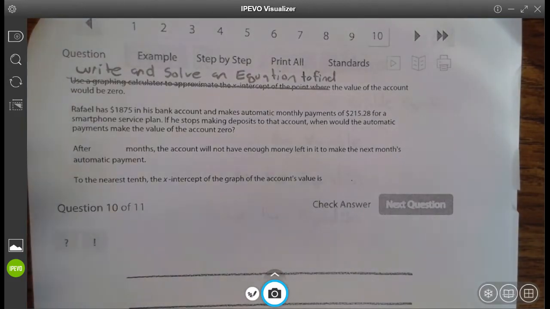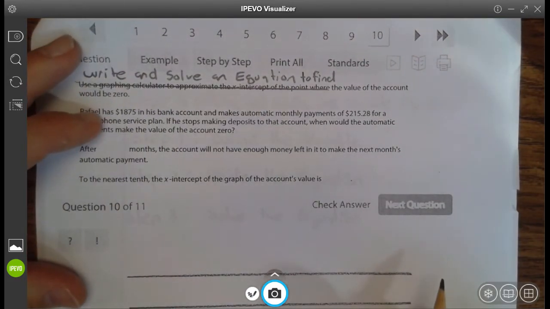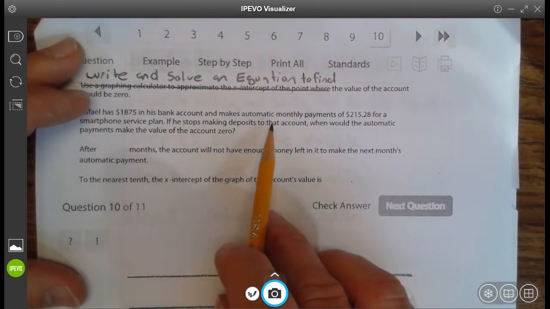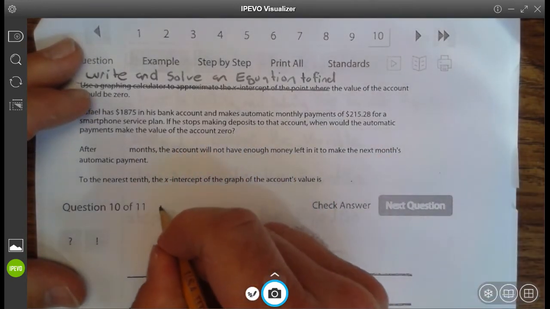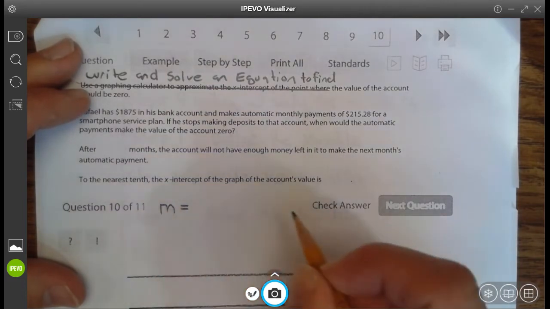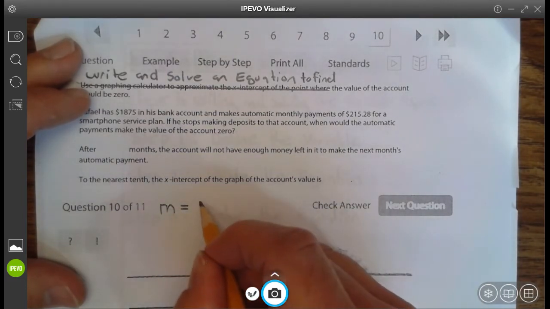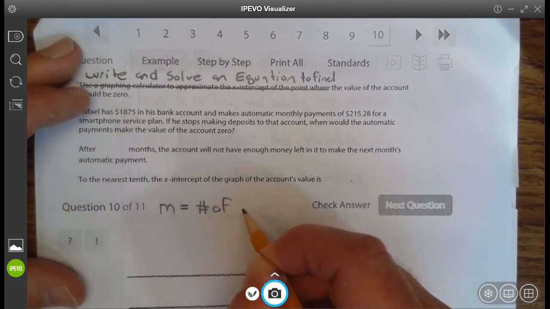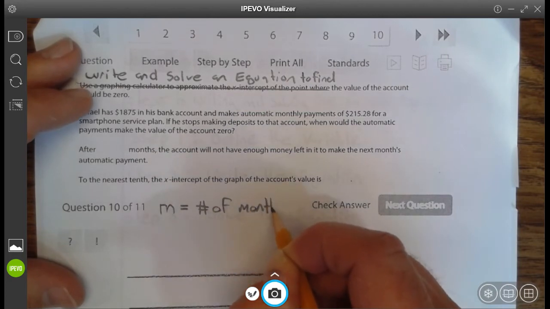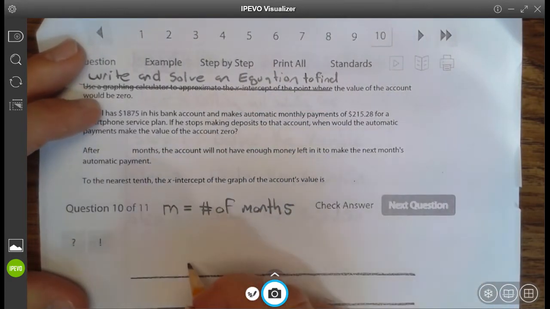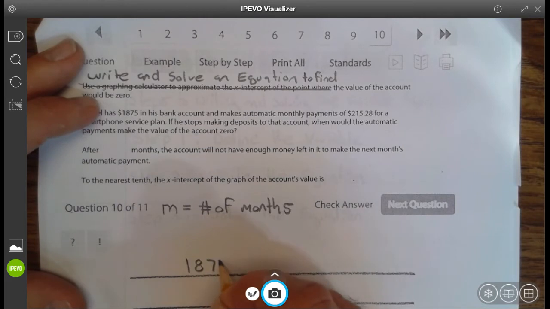So we're going to let M equal the number of months. Okay, so he starts with $1,875.